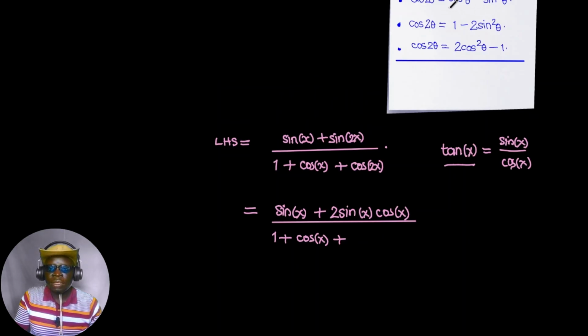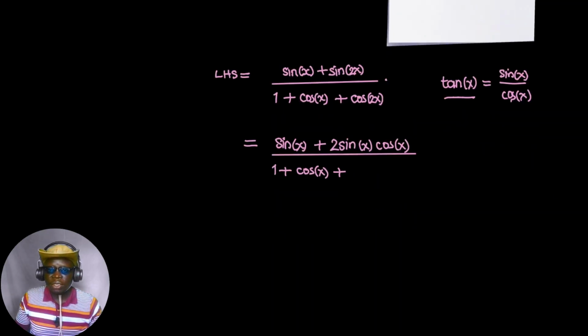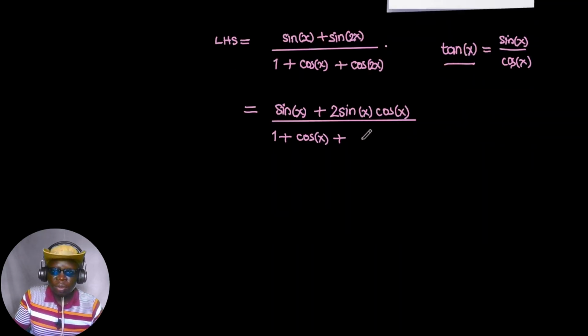Definitely the first one has sine in it, so let's take the second one here, and we replace our cos 2x with, and let's move on and make that substitution, and that is how we normally make the choice. So we have here twice cos square x minus 1.